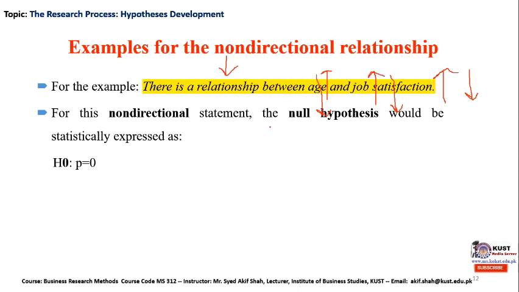For this non-directional statement, the null hypothesis would be statistically expressed as H0 colon P, which represents the correlation or relationship between dependent and independent variable, is equal to 0.